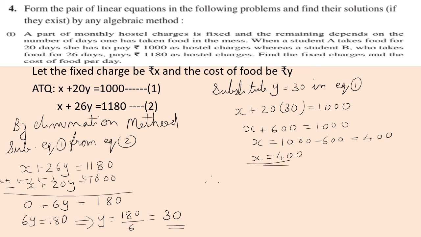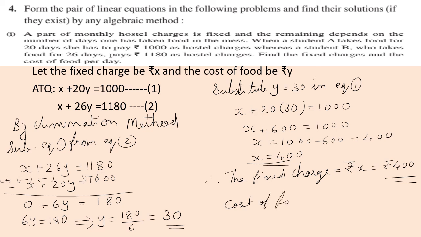Therefore, the fixed charge x is rupees 400, and the cost of food per day, which we took as y, is rupees 30.